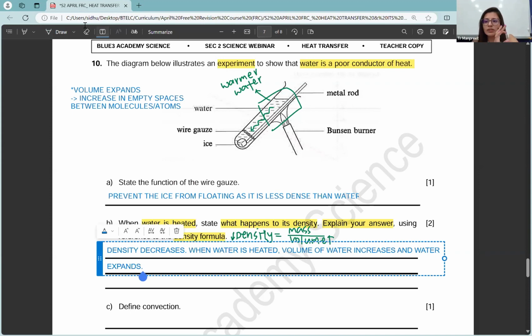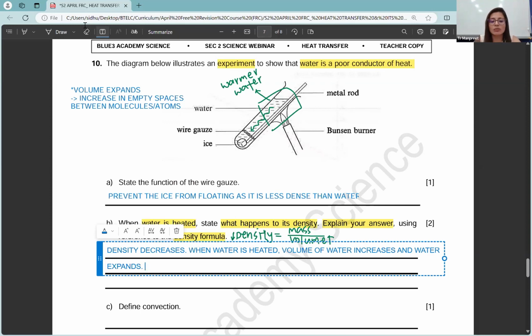Now, volume and density are affected, but what happens to the mass? When you are heating something, does the mass change? No, the mass does not change. Very important, we call it a physical change. Mass remains the same. If you are heating, water is becoming steam, right? But is it the same amount of water converted to steam? Yes, because mass is conserved.